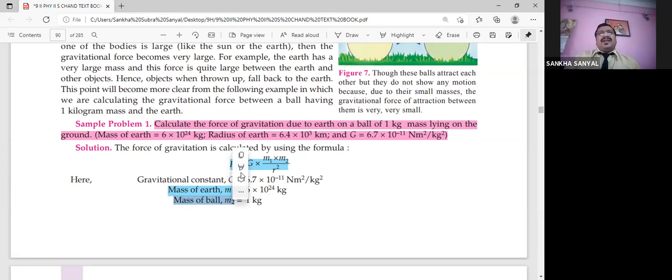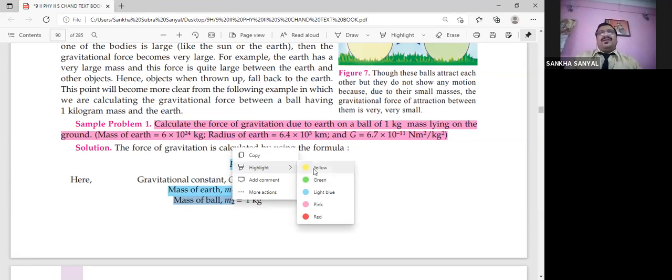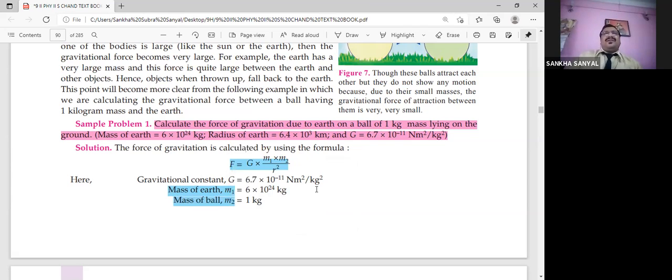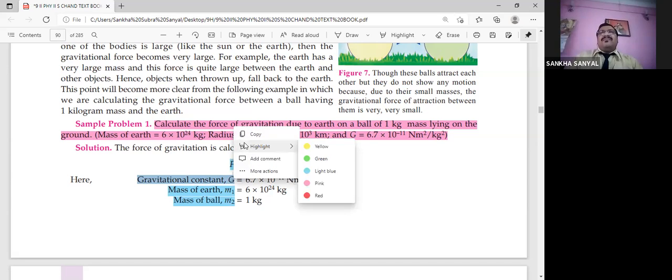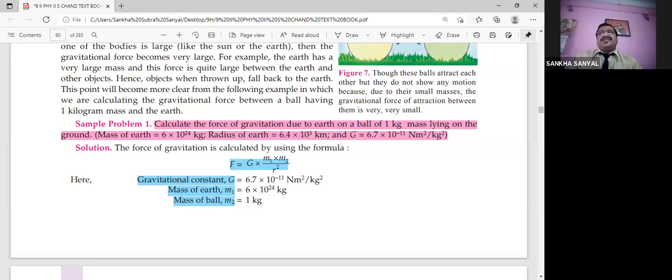Now, we can have the value of G. The value of gravitational constant G is taken to be 6.7 into 10 to the power minus 11 Newton meter square kg to the power minus 2. Got it?